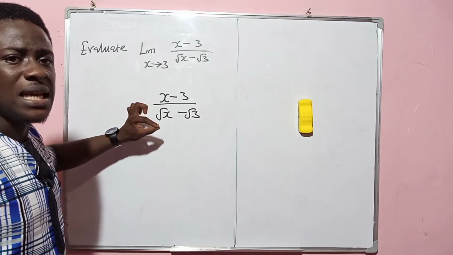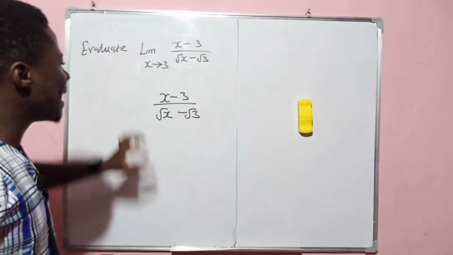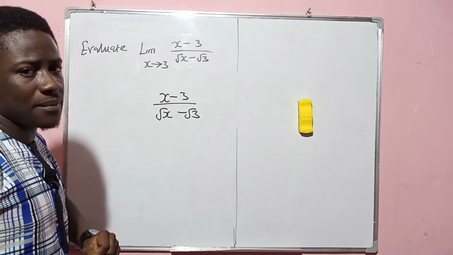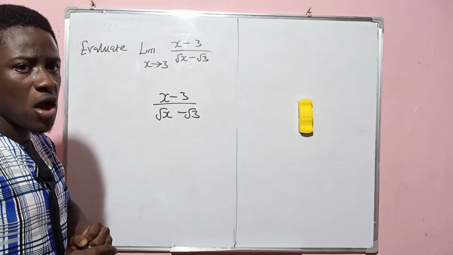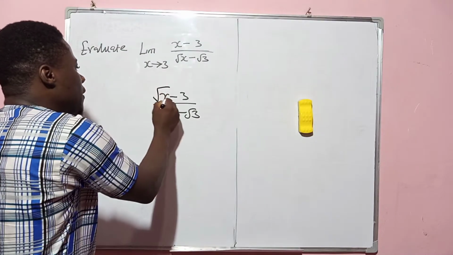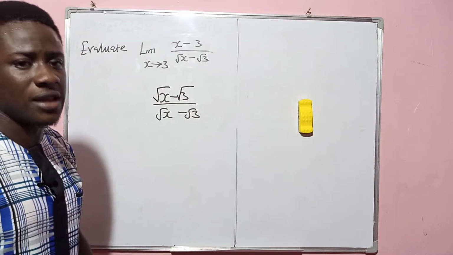With the knowledge you have when it comes to indices, I can decide to find the square root of each of the terms in this numerator. When I do that, I will have square root of x, and then the square root of 3.